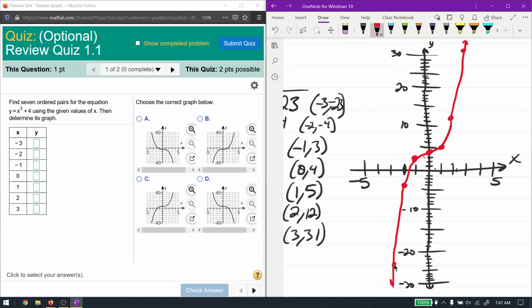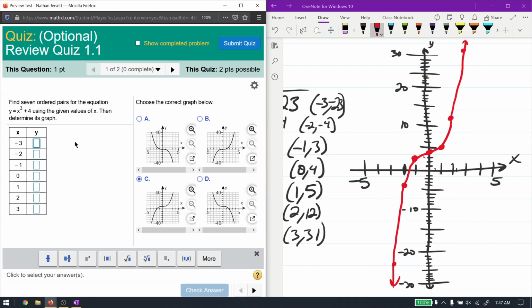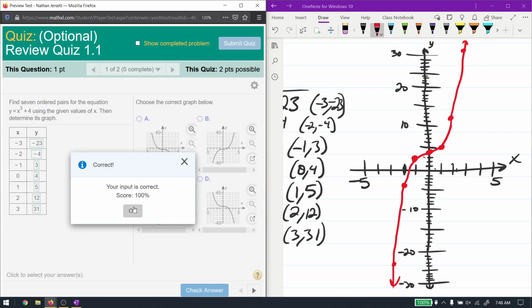And the graph that best represents that is graph C. Oh, I also need to plug these values in there: -23, -4, 3, 4, 5, 12, and 31. And that's correct.